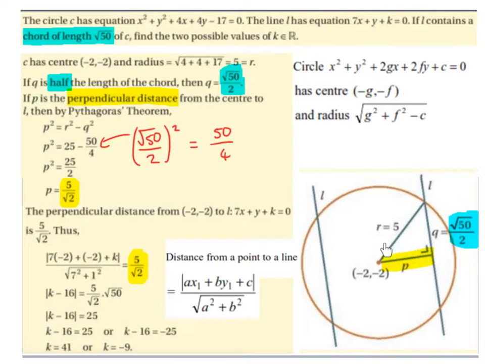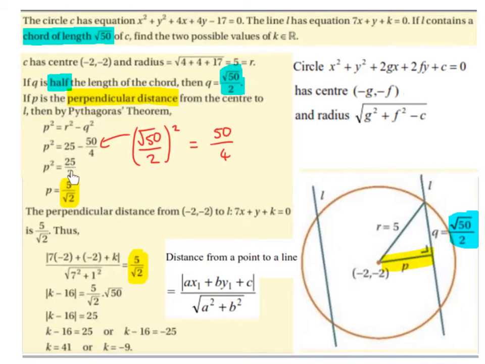We know that the radius is 5, so 5 squared is 25, and we know that q is root 50 over 2, so root 50 over 2 squared is going to be 50 over 4. Root 50 times root 50 is 50, and 2 times 2 is 4. So we get minus 50 over 4. 25 minus 50 over 4 is 25 over 2.